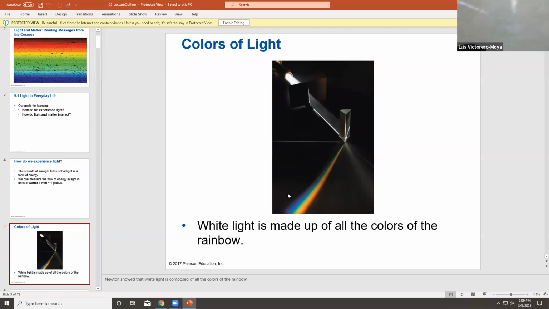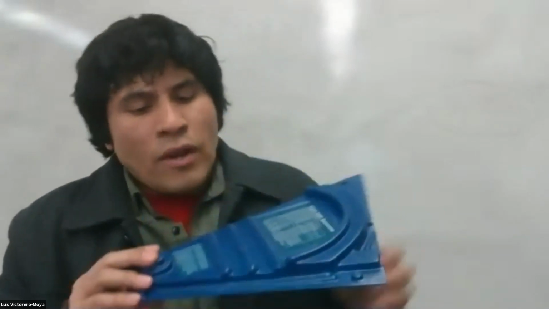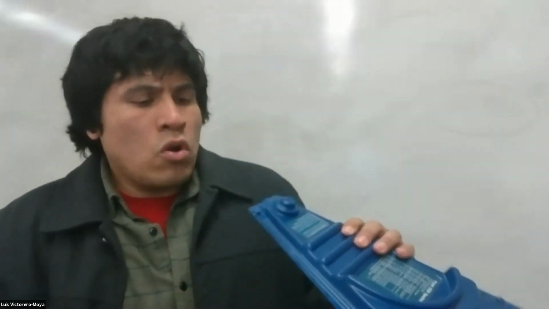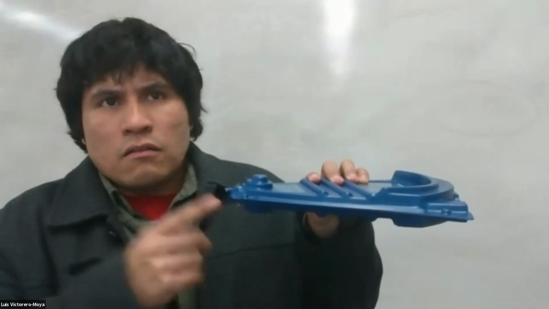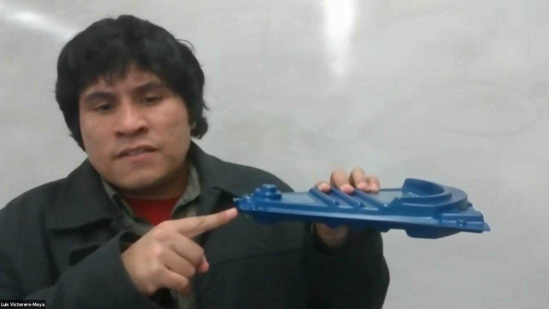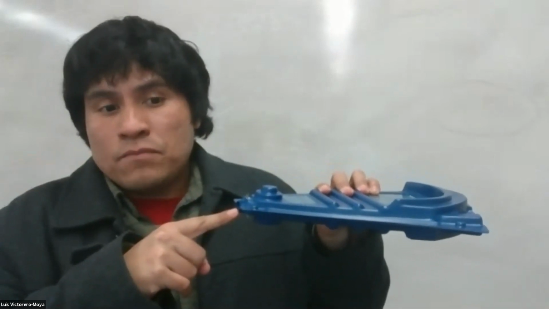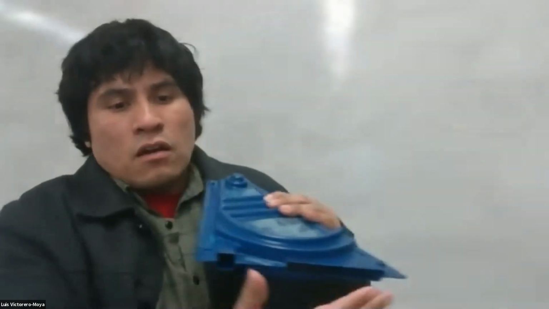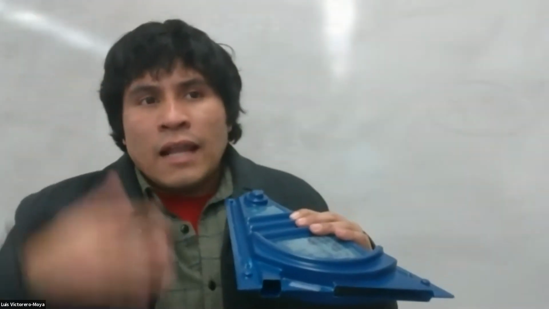And a spectrometer normally looks like this. This is a spectrometer that we use normally for high school and college. And the way this works is you look at any source of light from this eyepiece, and then you will see lines here depending on the type of object, right? If you're looking at an incandescent light bulb, it should be continuum.